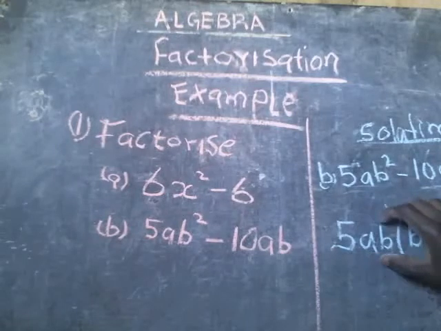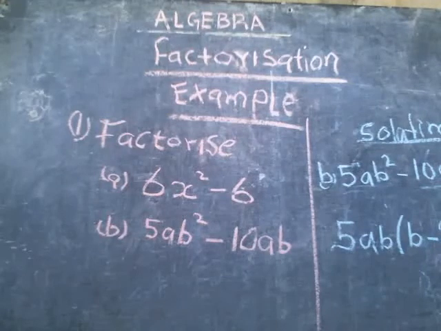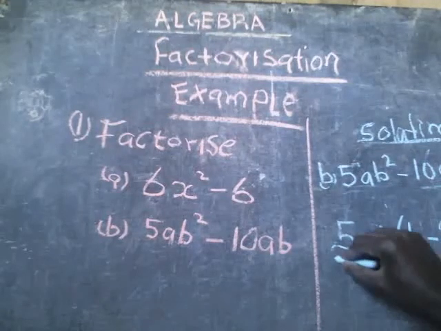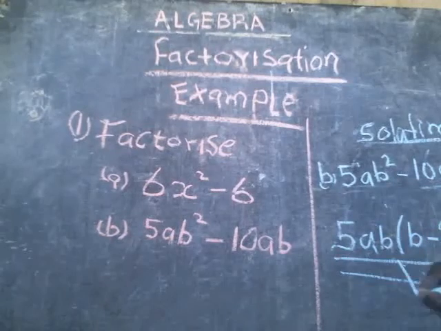We have a b there remaining. How many times does a go into a? Once. How many times does b go into b? Once. So there's no need for us to write the 1 there. Okay, so we close our brackets. So at that stage we have factorized our question. We have simply factorized our question.